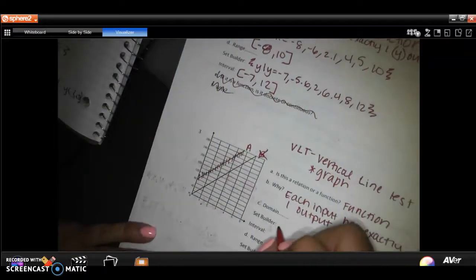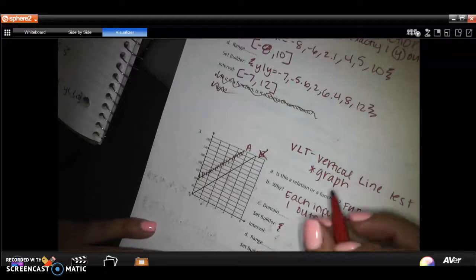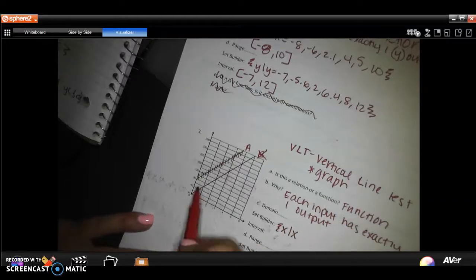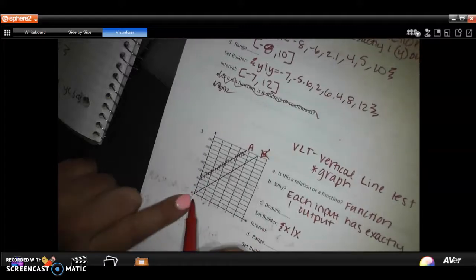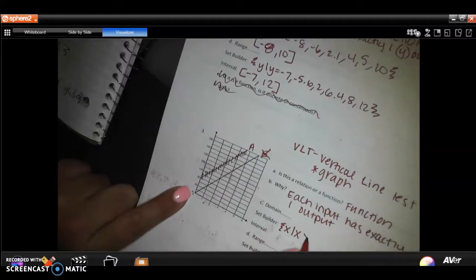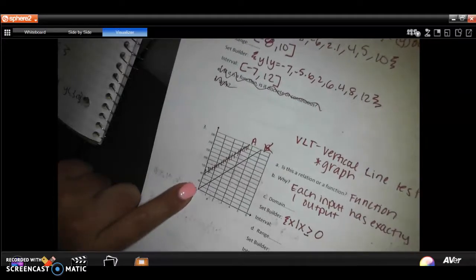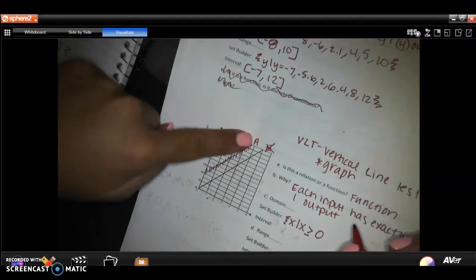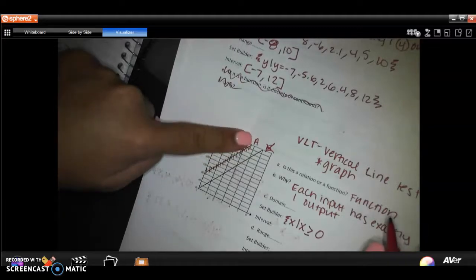So domain, okay, we need to figure this out. Domain is always left to right. X such that X. Well, let's take a look. Going left to right, the smallest X can be is going to be 0. So it has to be greater than or equal to 0 because it hits at 0. And the highest this number is going to the right looks to be about, we're going to say 2.5?